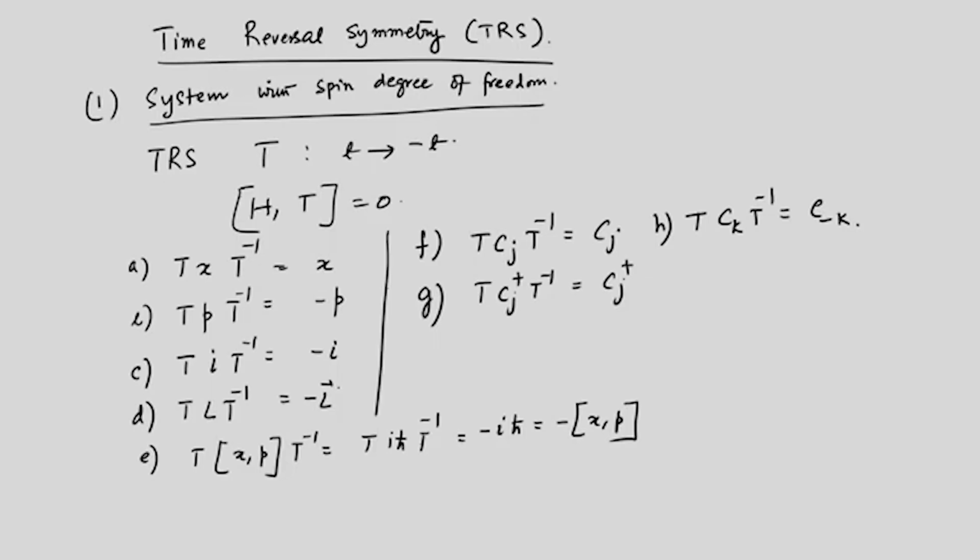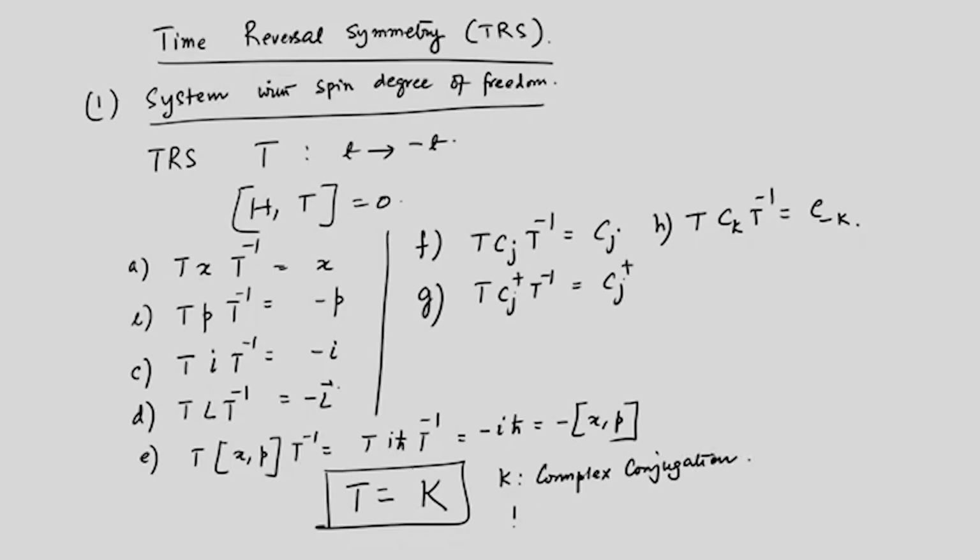In this case, what turns out is that the form of T is equal to the complex conjugation, K. And T square, that is the square of that, is equal to 1, or you can write it as a matrix 1, because T is usually an operator. So, T square gives you 1, that is if you apply it twice.